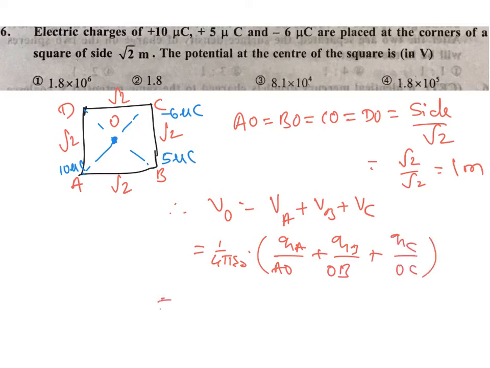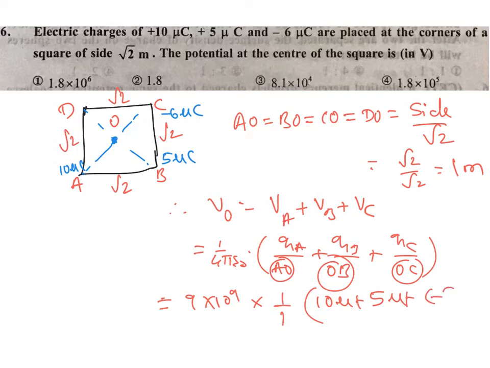So that is equal to 9 into 10 to the power of 9, into 1 divided by 1, since AO equals BO equals CO, into QA plus QB plus QC, that is 10 micro plus 5 micro minus 6 micro.